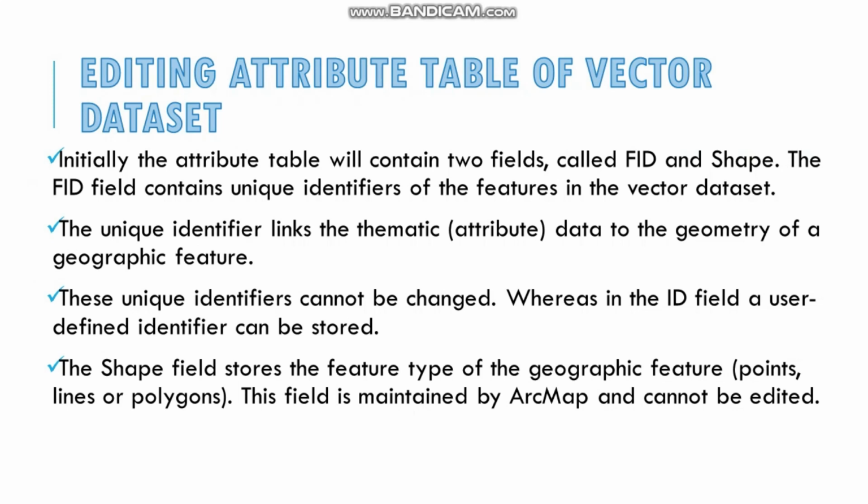With this option, ArcGIS automatically gives the new dataset an attribute table. The attribute table can be edited at any time by adding or deleting fields, columns, and records. So you can add or delete either a column or a record.